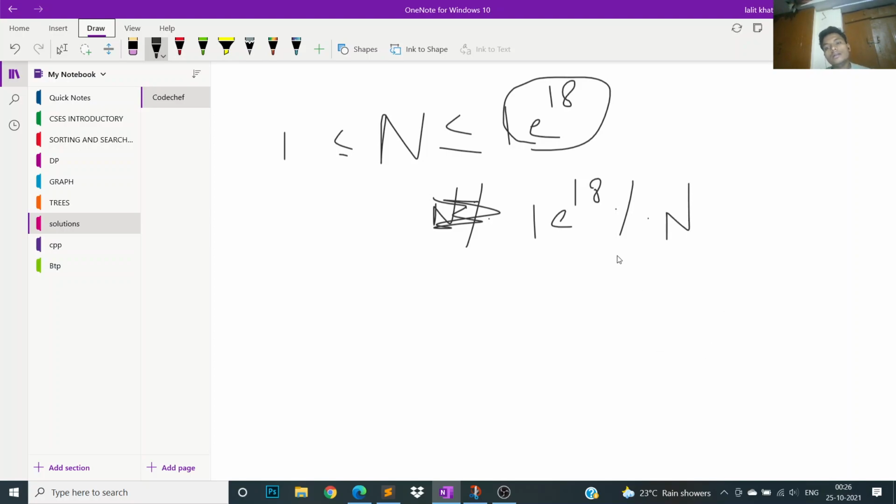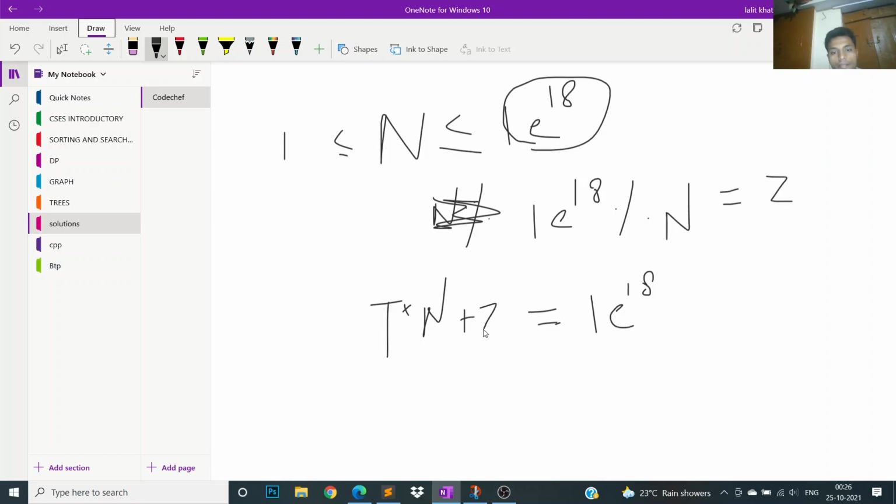So I can say that if any number comes out as the remainder, call it z, then I can represent 10 to the power 18 as n times some t plus z.